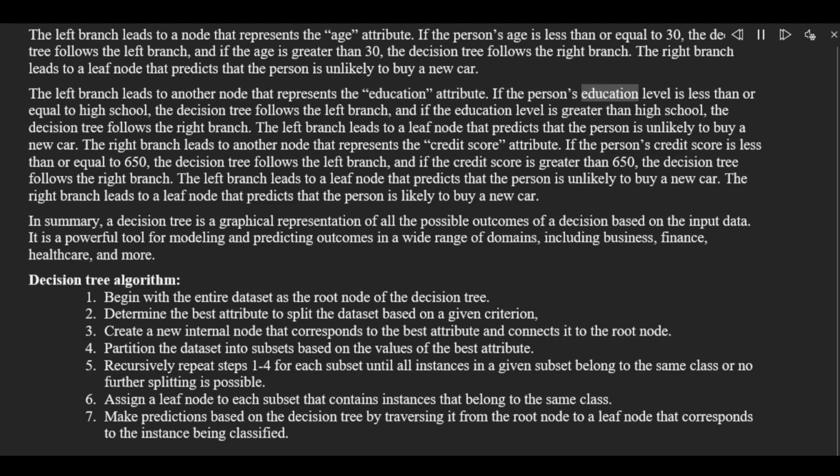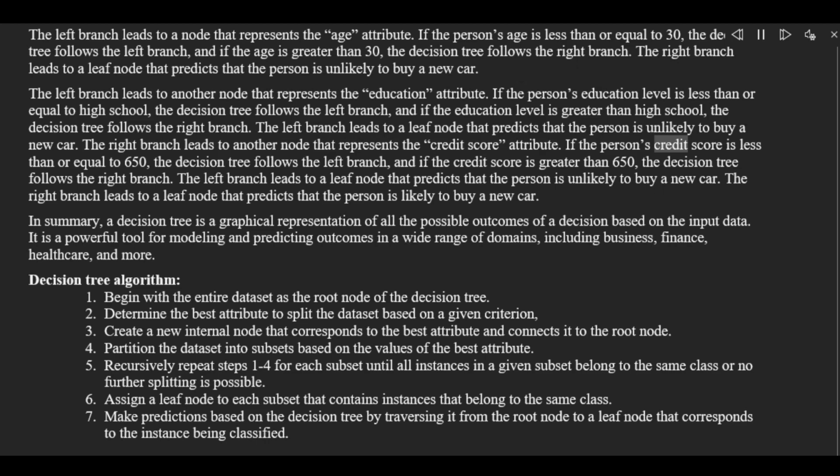If the person's education level is less than or equal to high school, the decision tree follows the left branch, and if the education level is greater than high school, the decision tree follows the right branch. The left branch leads to a leaf node that predicts that the person is unlikely to buy a new car. The right branch leads to another node that represents the credit score attribute.